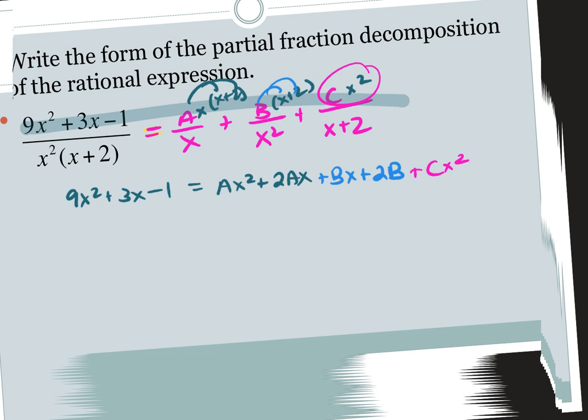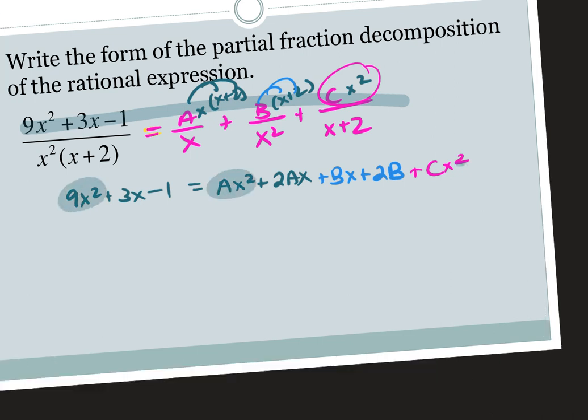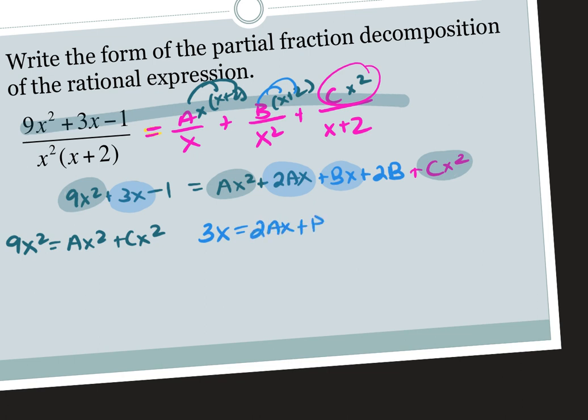With me so far? Now I grab my squareds. So 9x squared equals ax squared plus cx squared. 3x, grab your x's, 2ax and bx. So 3x equals 2ax plus bx.